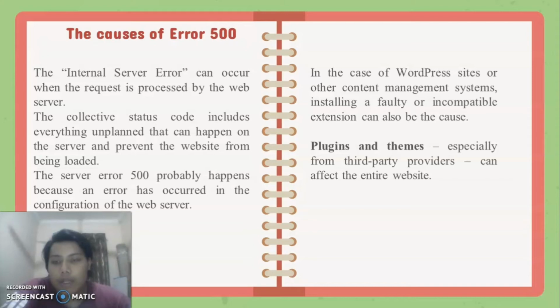The server error 500 probably happens because an error has occurred in the configuration of the web server. In the case of WordPress sites or other content management systems, installing a faulty or incompatible extension can also be the cause. Plugins and themes, especially from third-party providers, can affect the entire website.